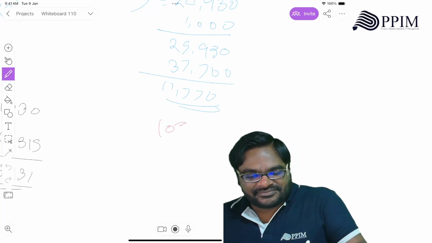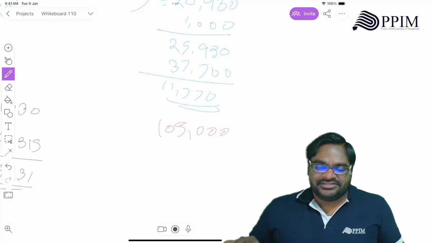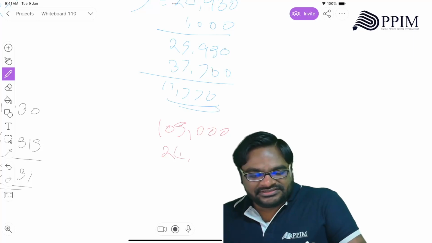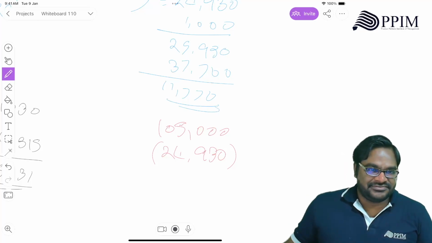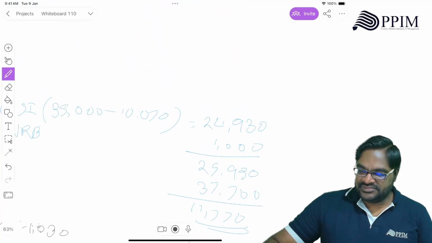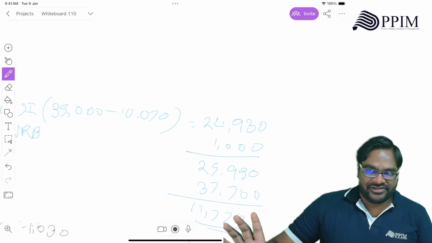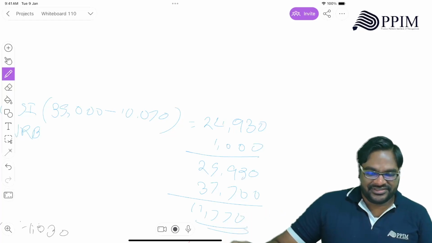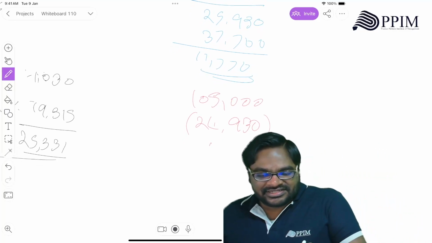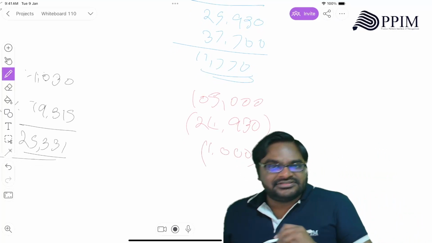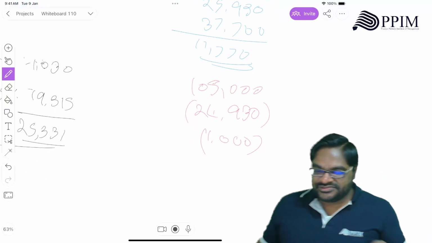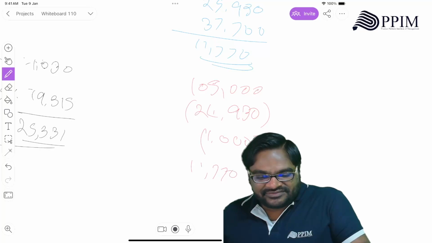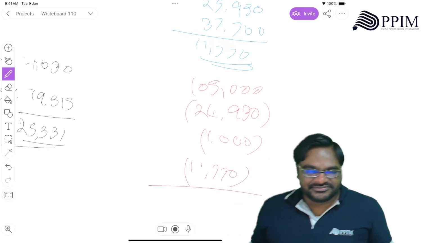Out of this, 24,930, you already took this for NSNI. This one, 24,930, which you took for non-savings, you already took. Then you took another 1,000 as nil rate band. Then for dividend you took another 11,770. What's the remainder here?